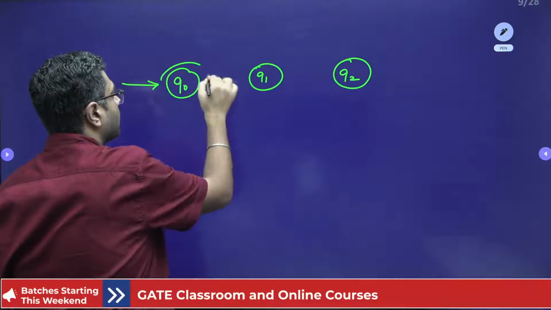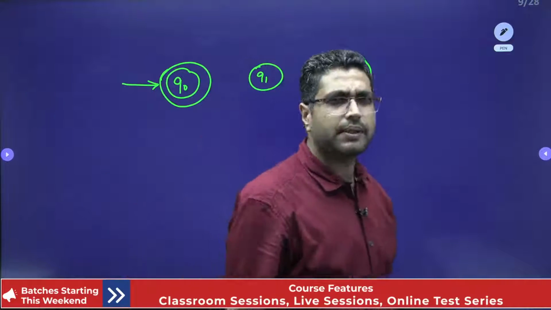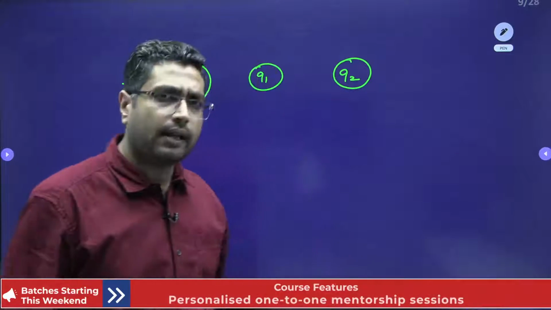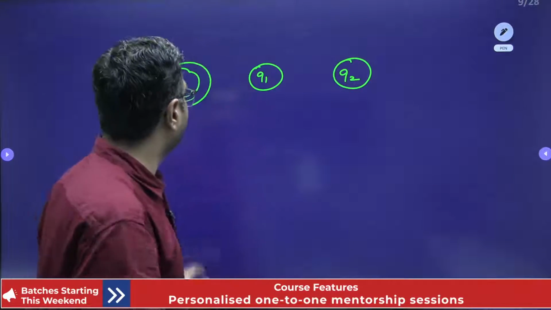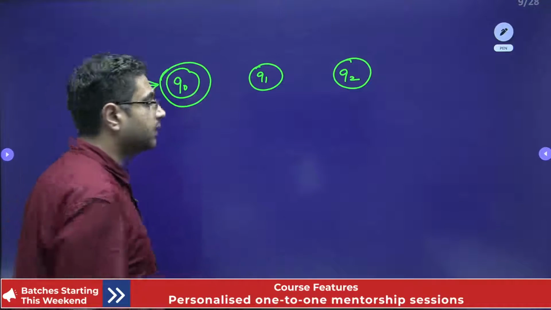And epsilon also we are assuming is a part of the language, because epsilon, that is absence, can be interpreted as 0, and therefore we are keeping Q0 also in the system, epsilon also in the language.